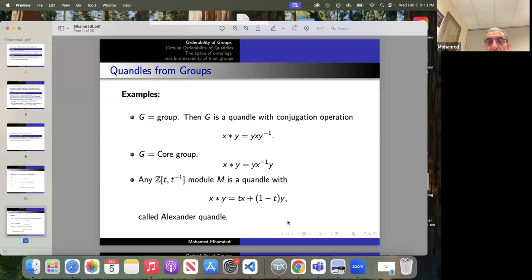This is an involutory quandle; right multiplications are involutions. And then if you have a module over Z[t, t inverse], Laurent polynomials, it becomes a quandle with the operation given by x star y equals t x plus (1 minus t) y. And this is called the Alexander quandle.